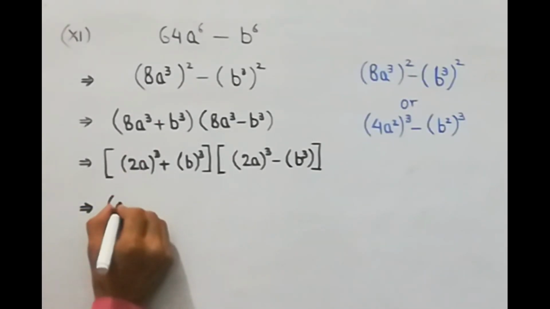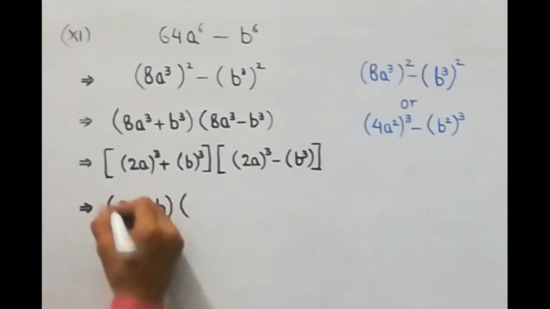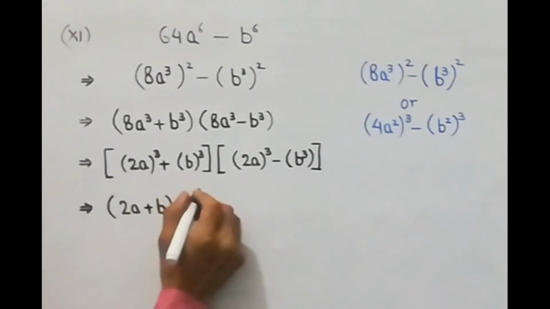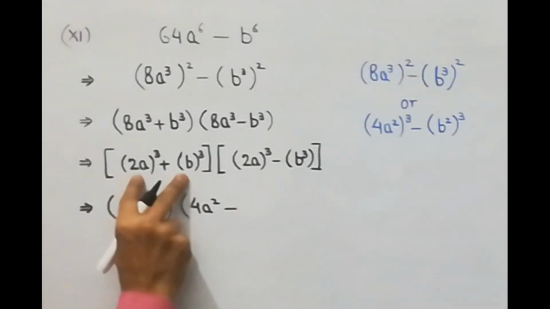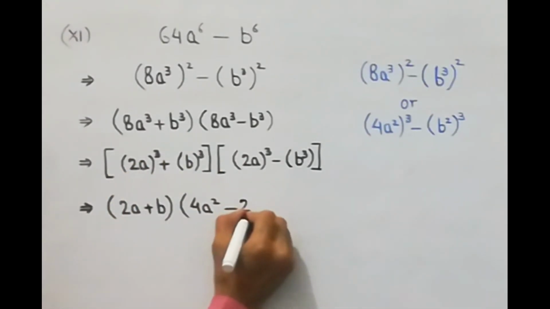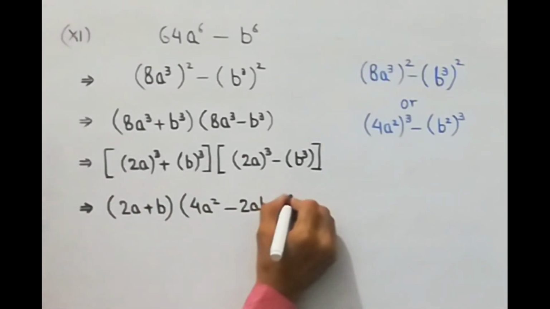In the first bracket you have a plus b, and in the second bracket you have square of a minus product of ab and then square of b.